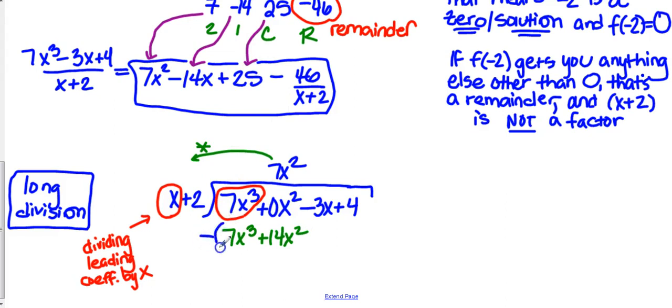So put this whole piece in parentheses. Let's subtract. 7x cubed minus 7x cubed is 0. That's gone. 0x squared minus 14x squared is a negative 14x squared. Now we will bring down the negative 3x.